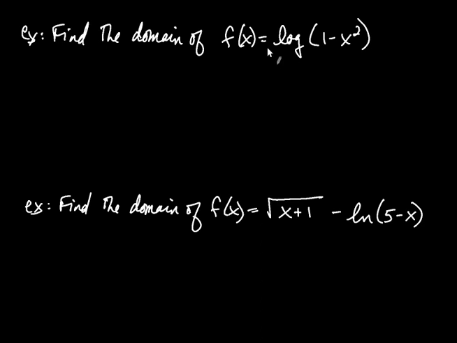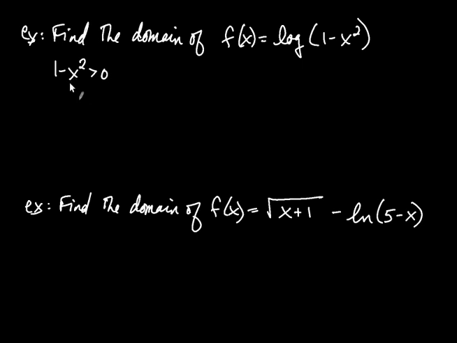So if we're asked to find the domain of this function, log of 1 minus x squared, and note that this is common log because of the unwritten base of 10, what you do, when you're looking for the domain of a log function, is you set the argument greater than 0. So in this case, we require 1 minus x squared to be strictly greater than 0.